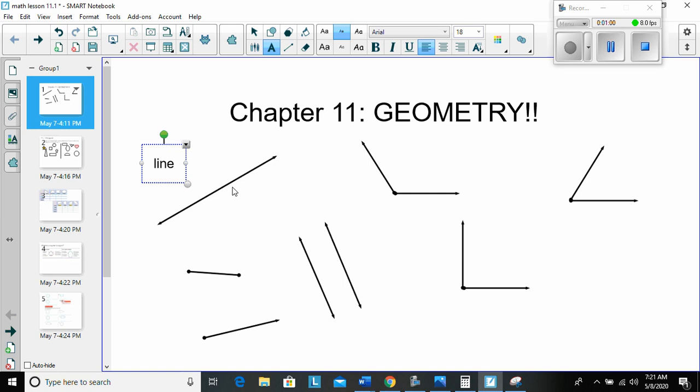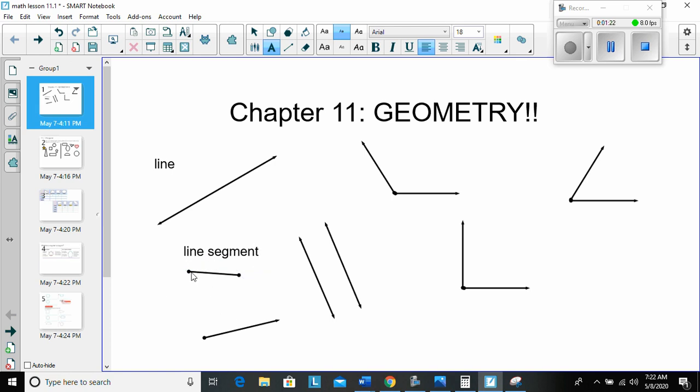All right. The next one I have for you is down here, and it kind of looks like a line, but if you look on the ends, there isn't an arrow anymore. It's a dot. It's a point. And that's called an end point. So when we have end points on both sides, we call it a line segment. And segment means like a piece.